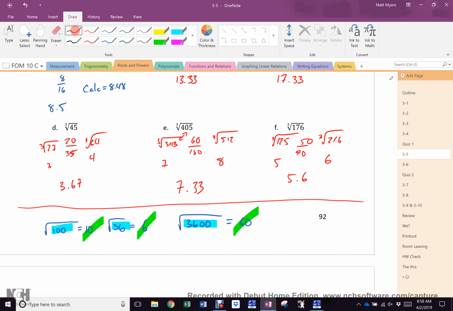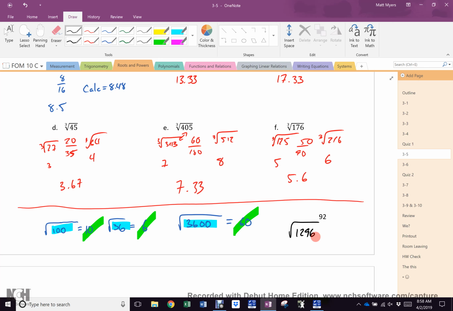Okay. So what would you do if I wanted the square root of, let's go with, 1,296. What could you do without using your calculator?